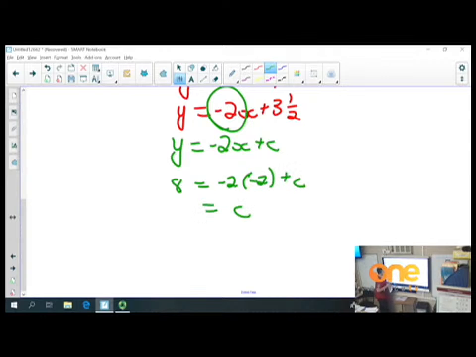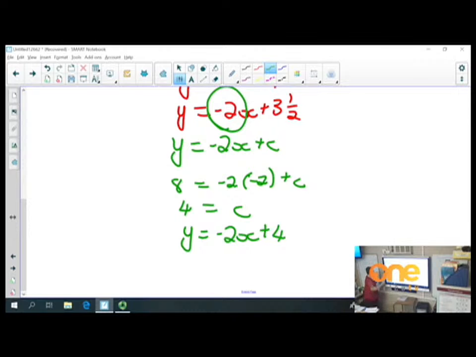And then what is your c? Now, how do you get 4? 8 minus 4. So y is equal to negative 2x plus 4. That's the equation. Who had it correct? Okay, so you find it easy.